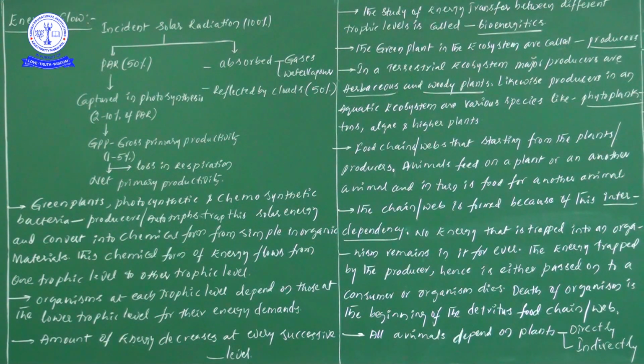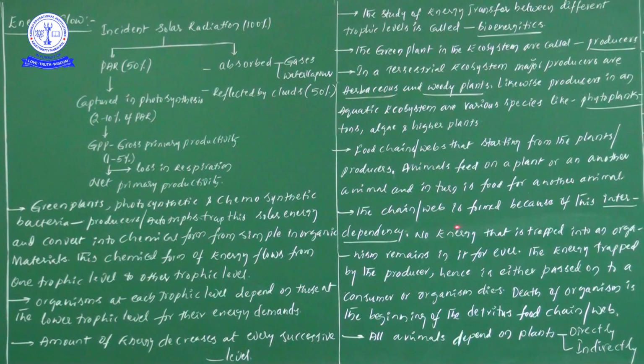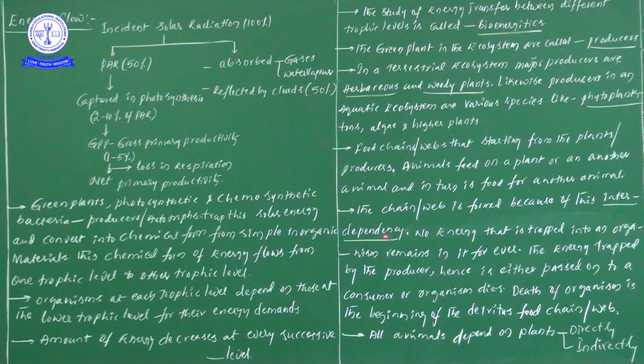Because in the entire ecosystem, the capability of preparing food materials is only in producers. Except producers, all the remaining living organisms must depend on other organisms. Thereby all organisms are interdependent on each other. So thereby which formation takes place?